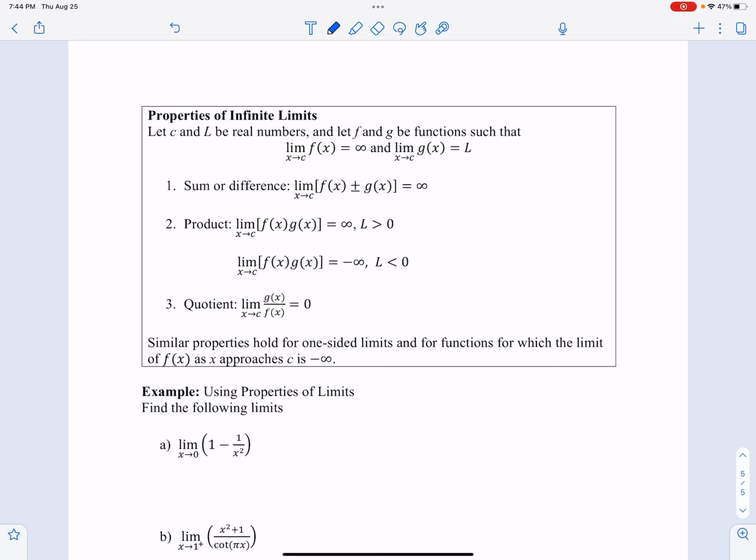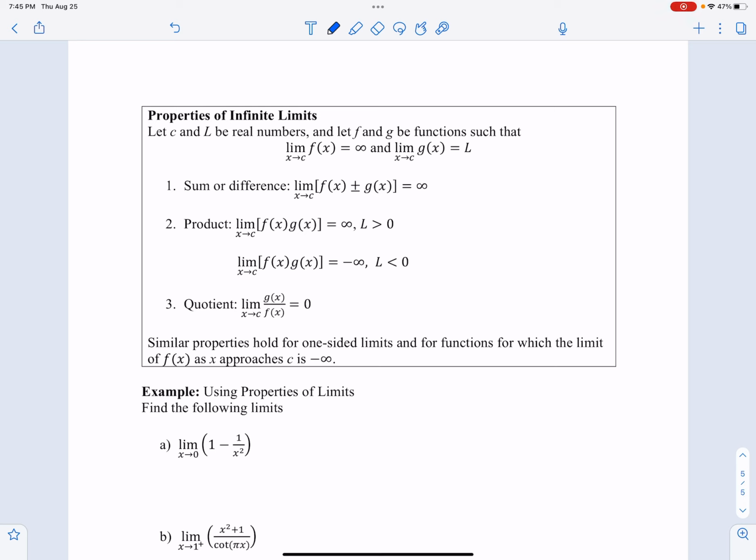For a product, if one of the factors of the function is approaching positive infinity and the other is approaching a limit, that means that the product is going to be approaching positive infinity if the limit is positive. If the limit that exists is negative, then times infinity would be negative infinity.